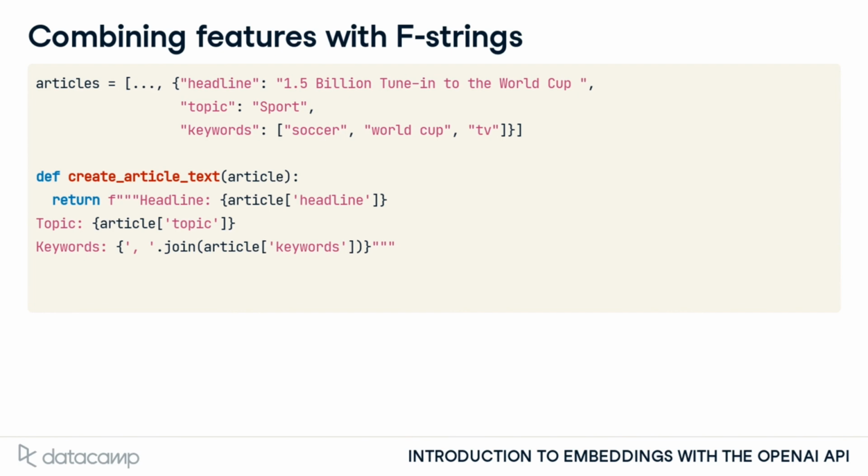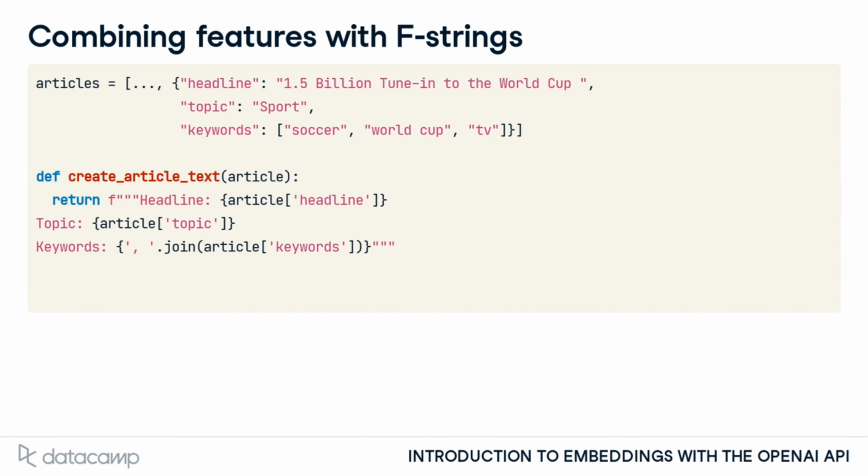F-strings are created by specifying an f before the quotes, and note that we've defined a multi-line string using triple quotes. To insert an object, we use curly brackets and specify the variable or other Python code to insert. For the article headline and topic, these values are extracted using their keys and inserted into the string at the desired locations. The keywords are a little trickier because they were stored as a list rather than a string.